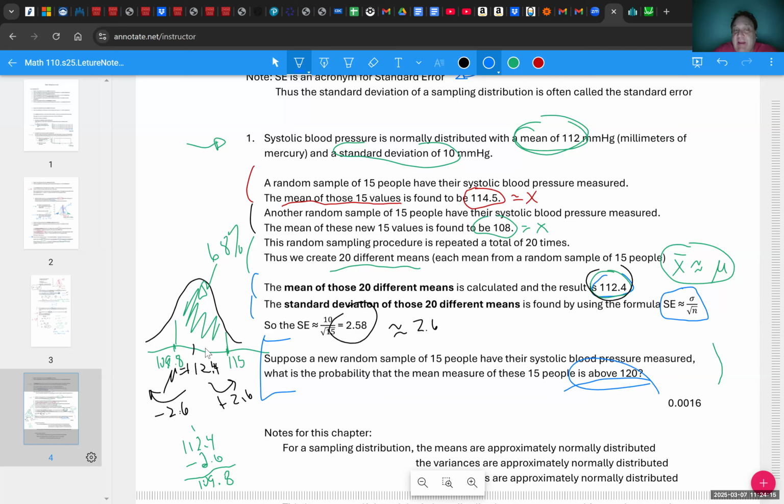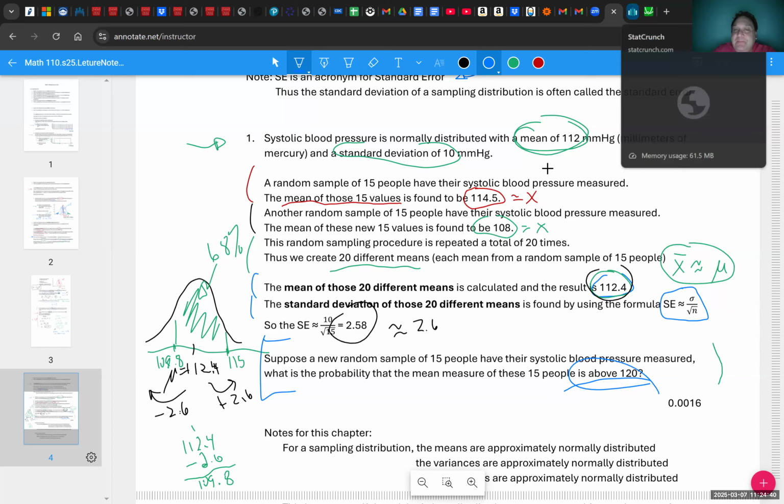It's also got everything bunched around the middle. Plus or minus one standard deviation is 68% of the data. I just have to be able to put in the correct mean and standard deviation. So the mean is 112.4. Standard deviation is 2.58, which I'll just say is 2.6 because it'll be easier for me to remember.